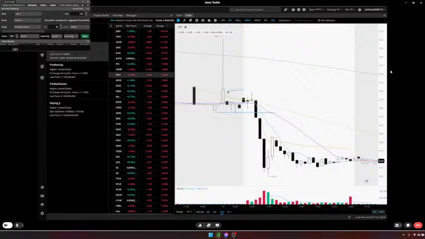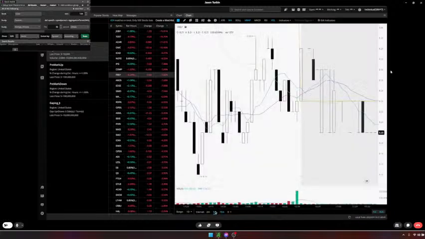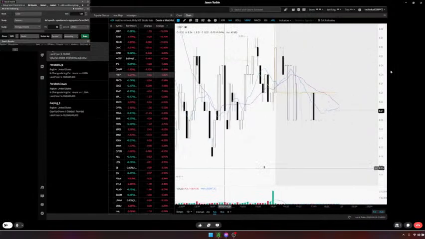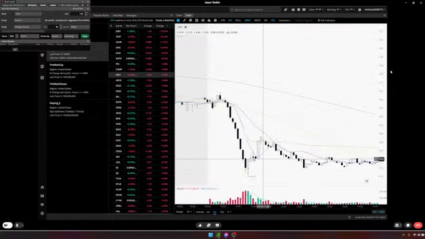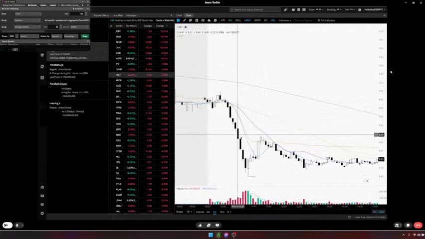Wow. Short. Get the nice three moves. 1, 2, 3. Look at that 5 minutes. That is beautiful. Oh, and the 5 minutes really nice too. Oh my gosh, yeah. Oh yeah, gorgeous. Look where it bottomed out too.